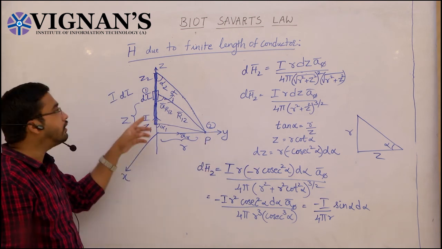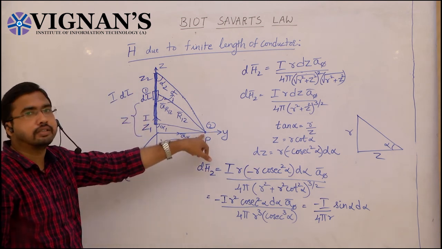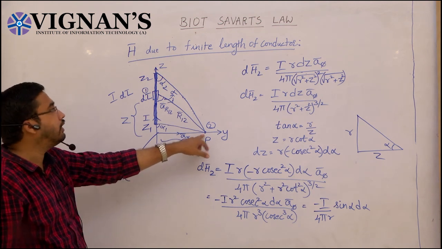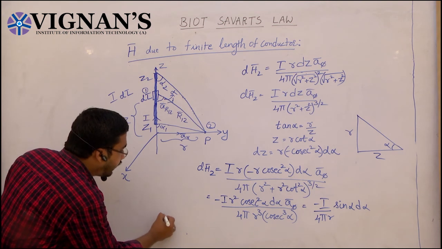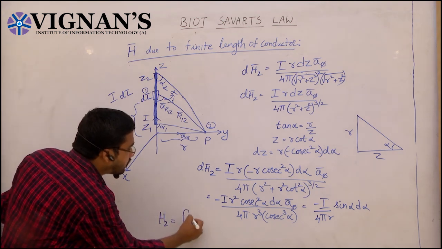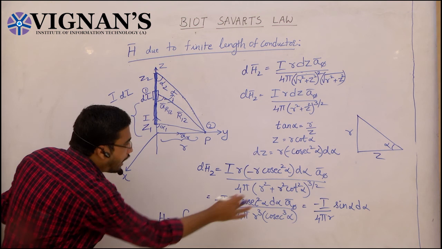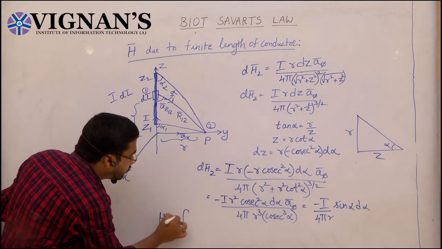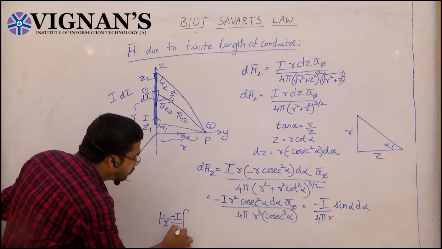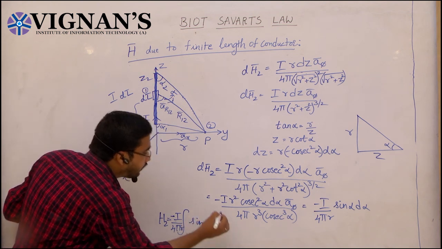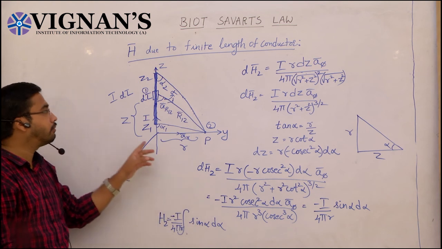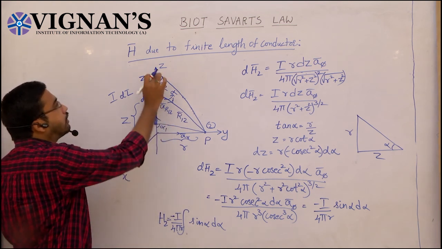Suppose if you want to find the complete magnetic field intensity H2 at this point P due to this complete length of the conductor, then simply integrate this expression. Integrate this expression where the first term will be a constant minus I by 4 pi R, and integral of sin alpha d alpha, where the limits are from alpha 1 to alpha 2.